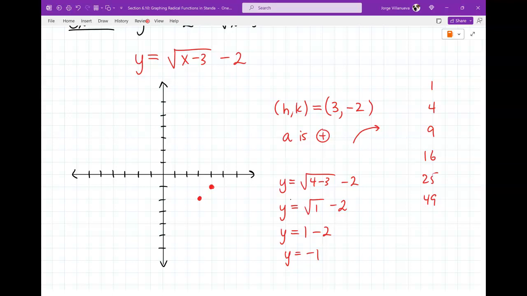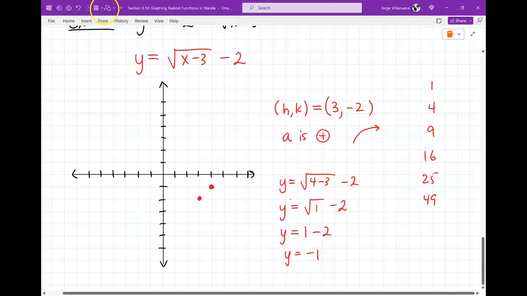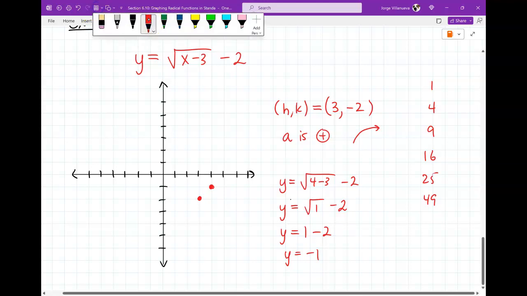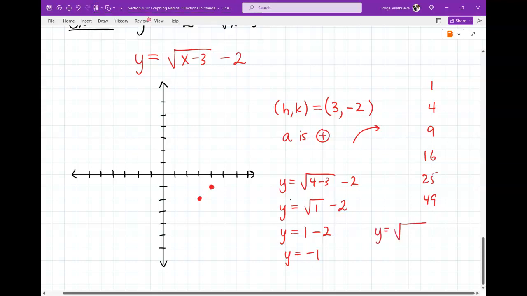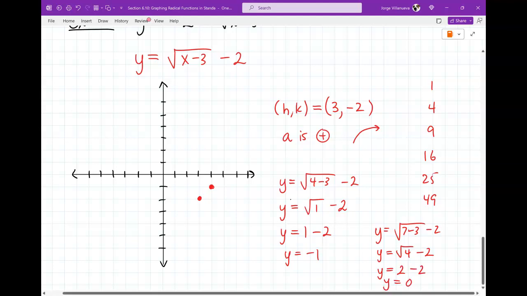I'll put another little extra thing right here for 7. Because if I try a 7, minus 2, 7 minus 3 is 4. And the square root of 4 is 2, and 2 minus 2 is 0. So at 7, the y value is 0.